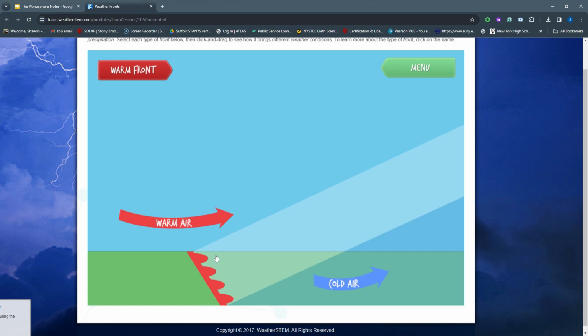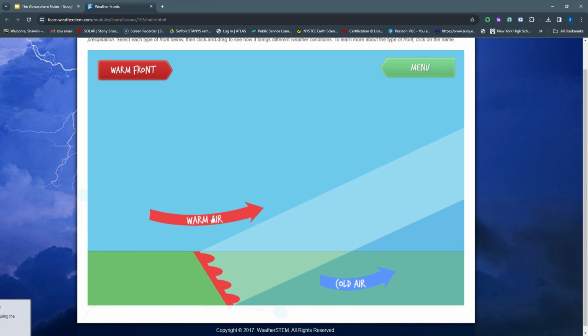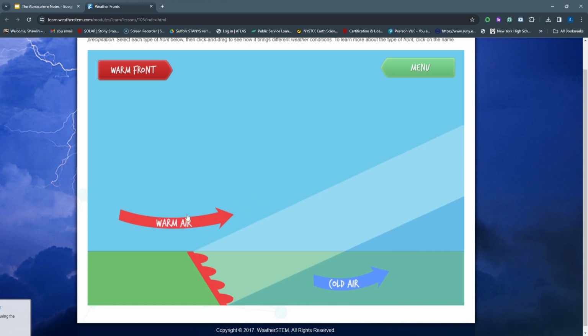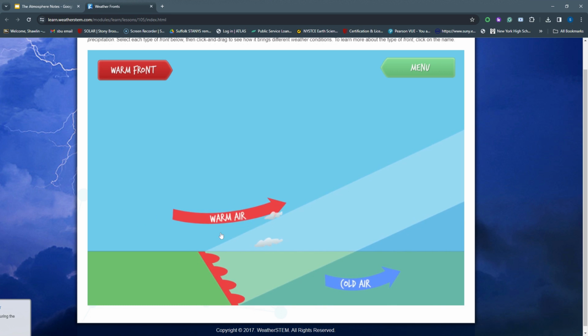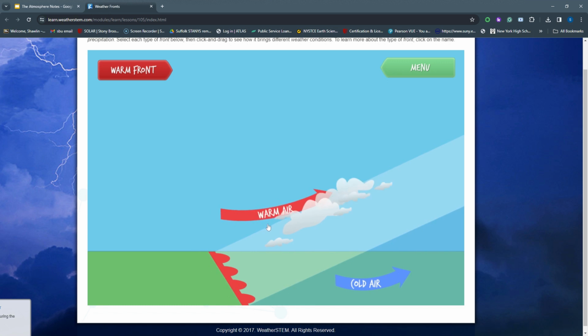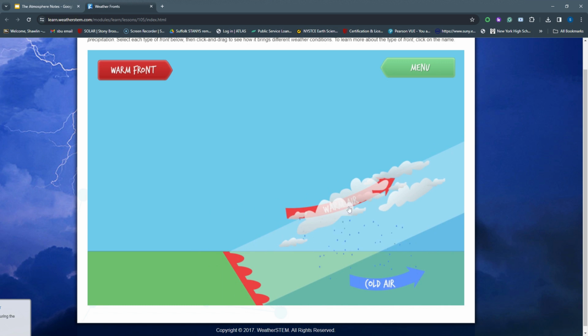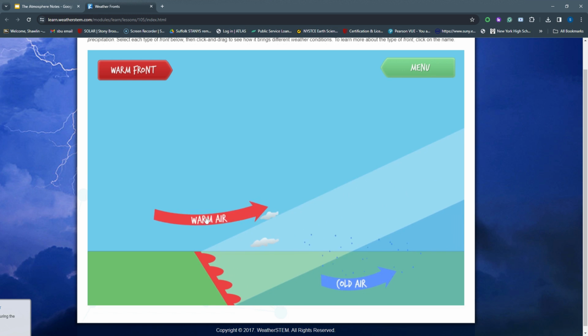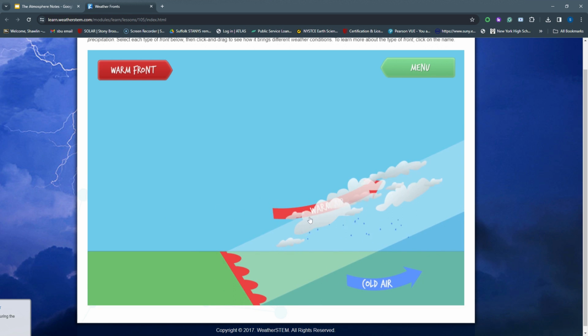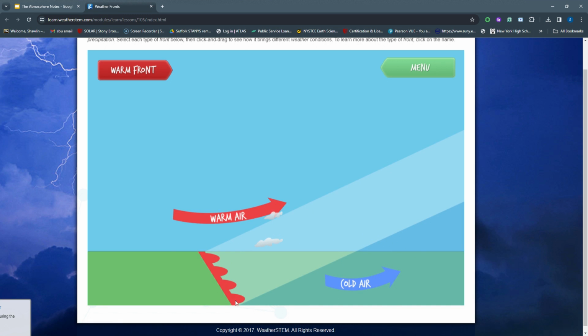What about warm fronts? Well, in warm fronts, this time the warm air is pushing towards the cold air. Okay. And remember, warm air is less dense. And so, as the warm air is pushing towards the cold air, since it's less dense, it's still going to rise. And as it rises, it starts to form clouds and precipitation. I know the clouds and precipitation are showing here, but normally the clouds and precipitation will form over the symbols for the front, okay?